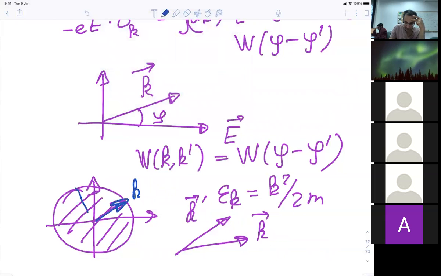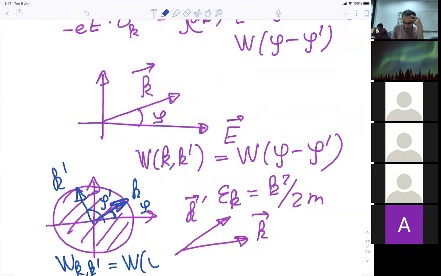They all lie on the Fermi surface. This one has an angle phi, that one has an angle phi prime. And then the scattering probability between states k and k prime depends on the angle between these two vectors.